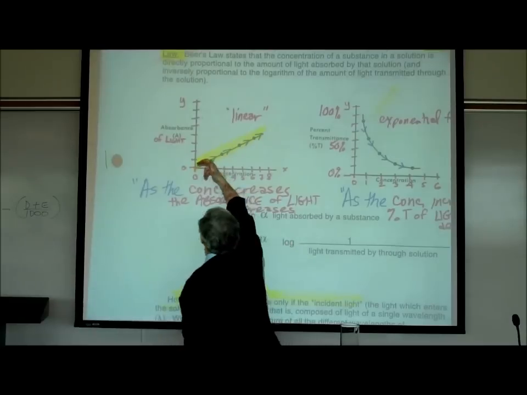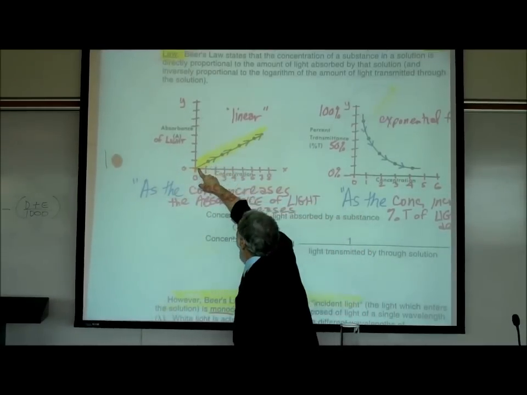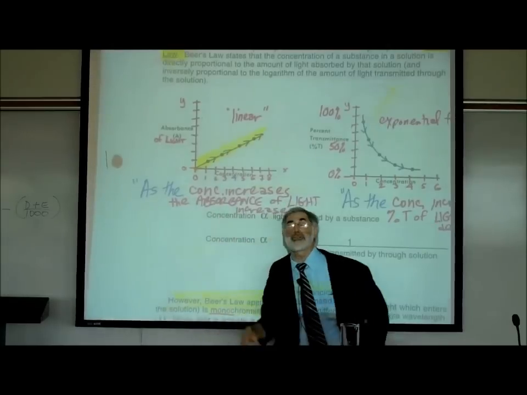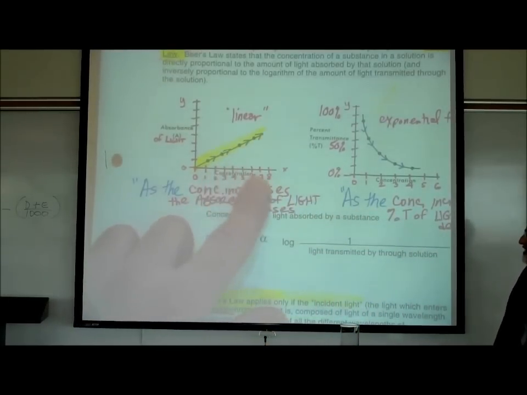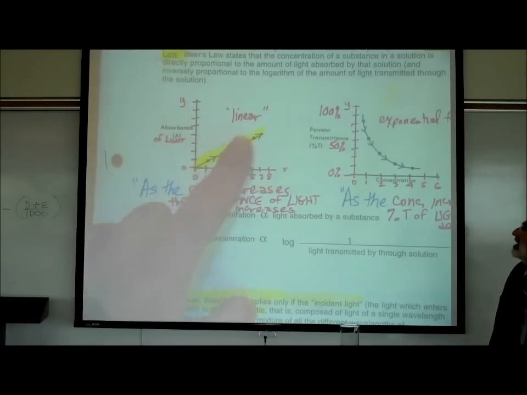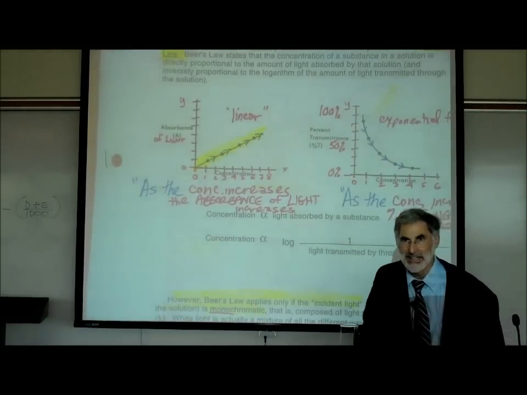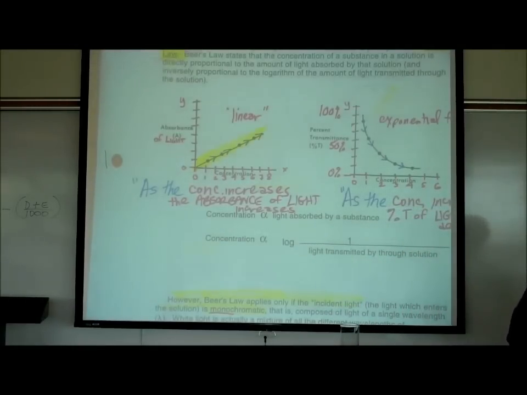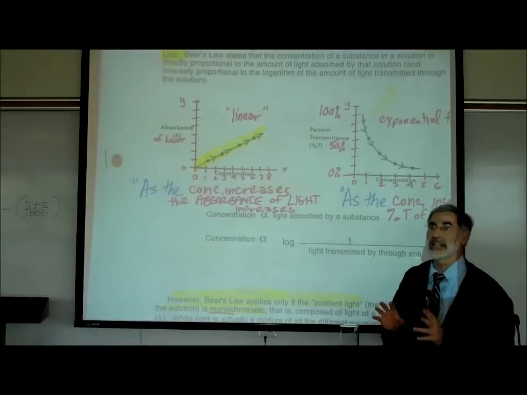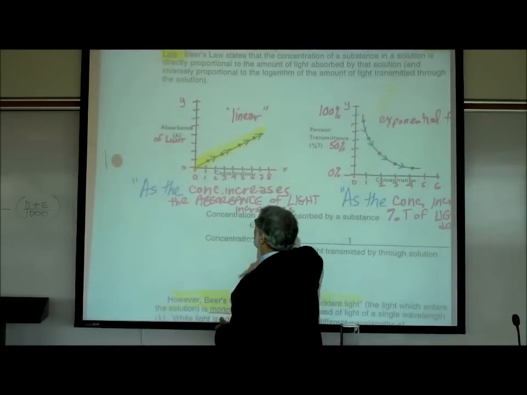Now, there are no units for light absorbance, but you'll notice that the graph line that shows the relationship between increasing concentration of chemical in a solution and the amount of light it absorbs is linear. Linear means it's a straight line. And straight lines in mathematics are a beautiful thing. It makes the math really simple. It just becomes arithmetic. No log functions.